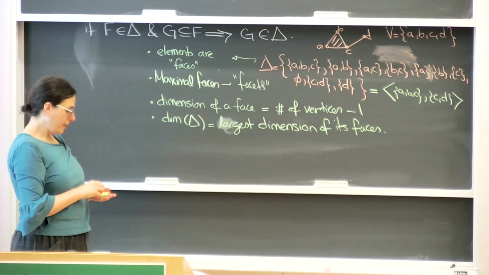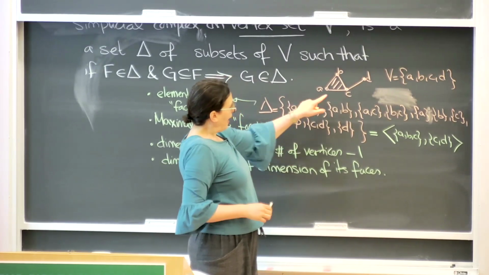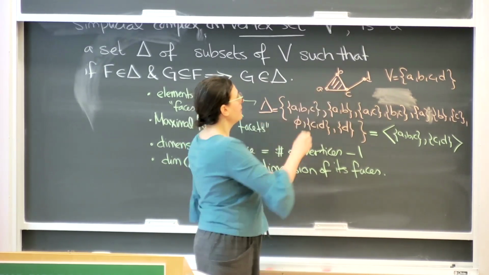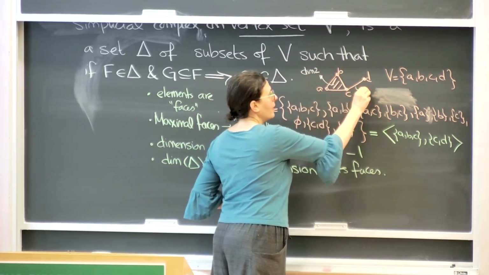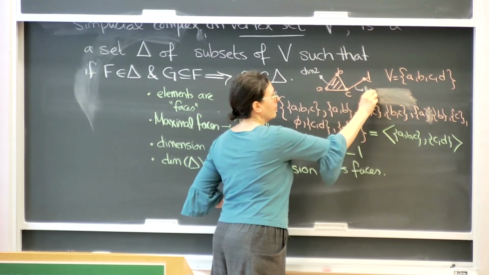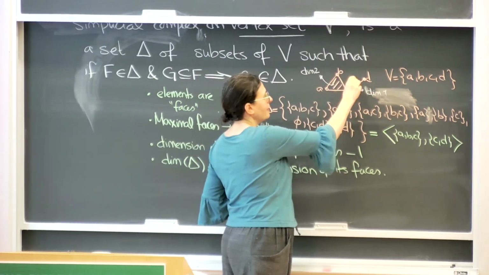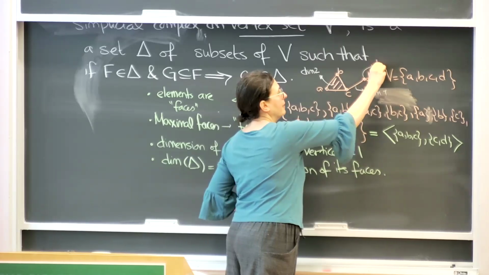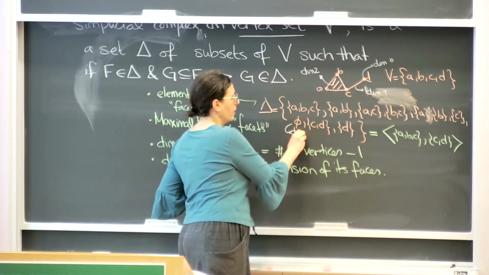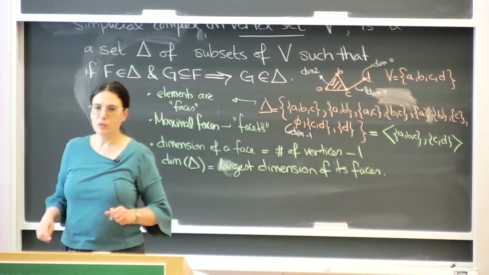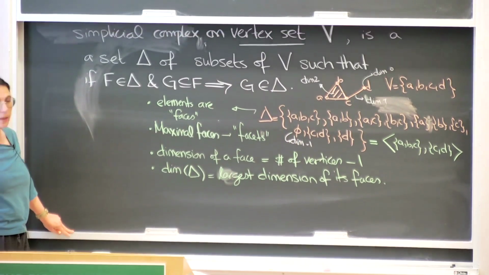So in this case, the simplicial complex that I had here has one two-dimensional face. These three edges are one-dimensional faces, and the vertices are zero-dimensional faces. And the empty set has dimension -1, which is useful when you do homology. Okay, any questions here?